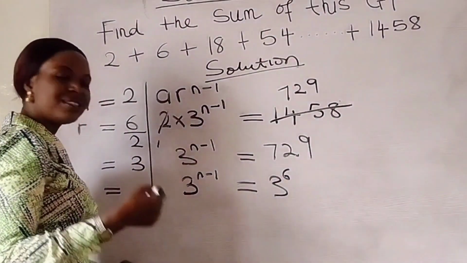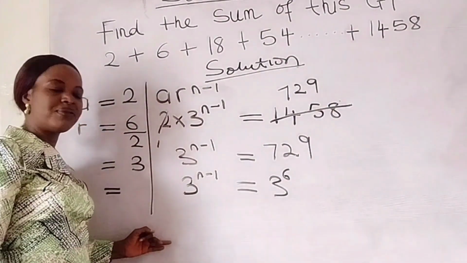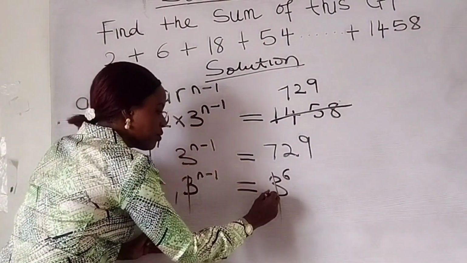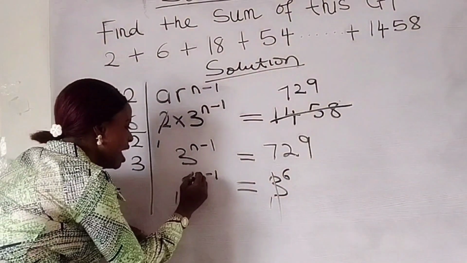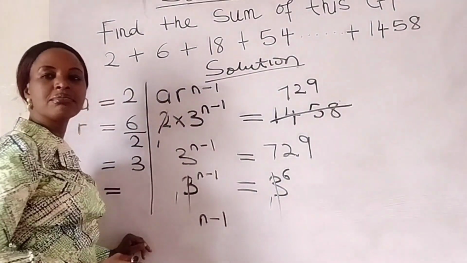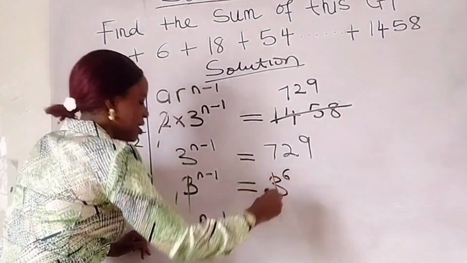Having done that, now it's easy for us to cancel out. See, 3 divided by itself is 1, 3 divided by itself is 1. So what remains? Nothing remains except n minus 1. n minus 1 is equal to what is here? 6.